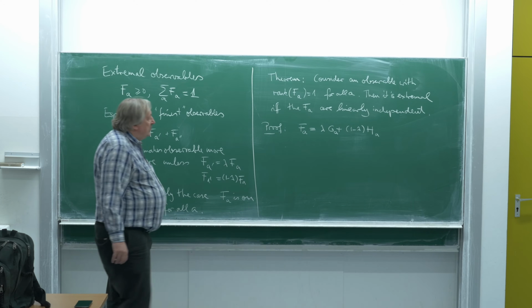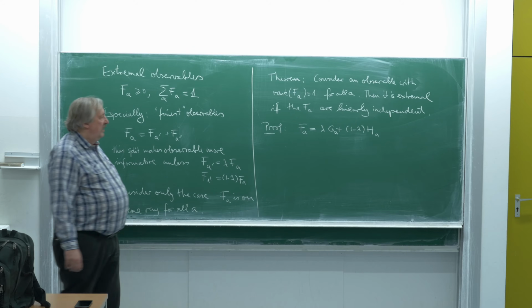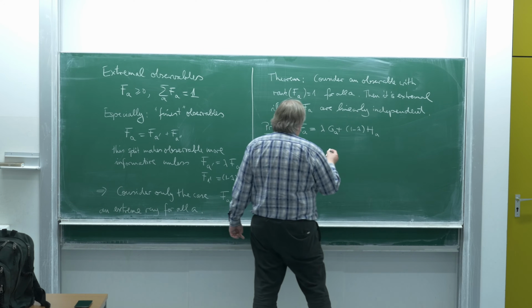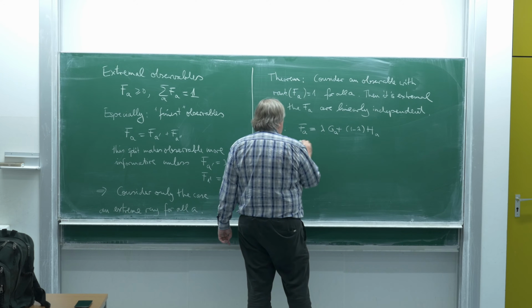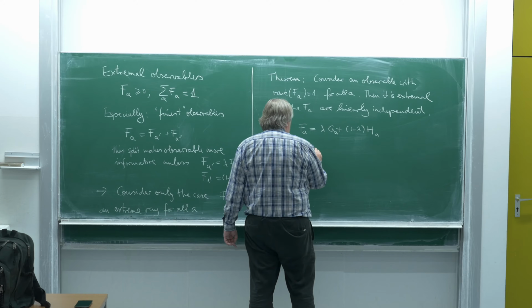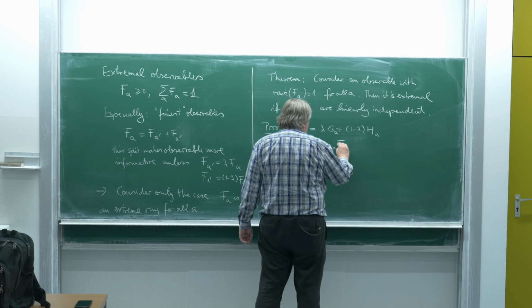Okay, so suppose that we could actually decompose that. What would that mean? Now, it's clear that because f is on an extreme ray, it would follow that GA is some multiple of FA.